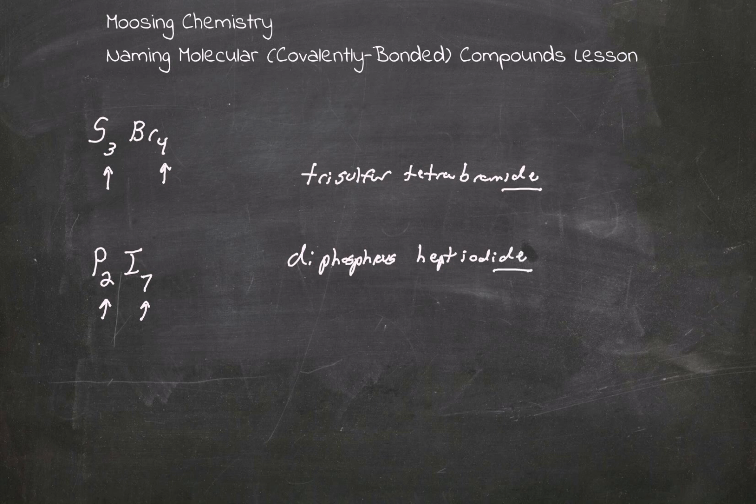Okay, again, we don't have heptaiodide, so AI is a no-no. So is AO. That's a no-no. Also, another no-no would be OO. So you never want to have any of these three in your names.